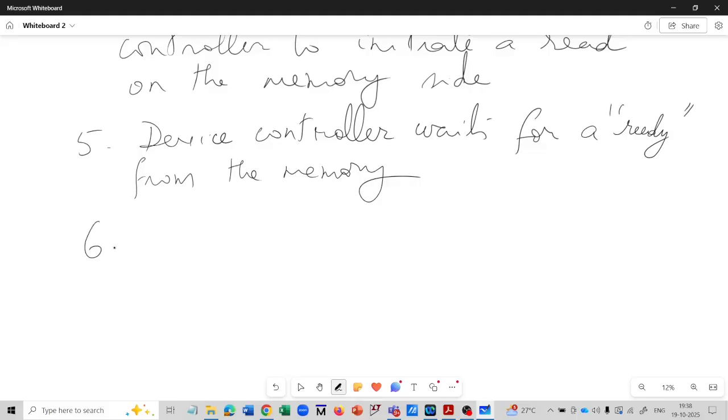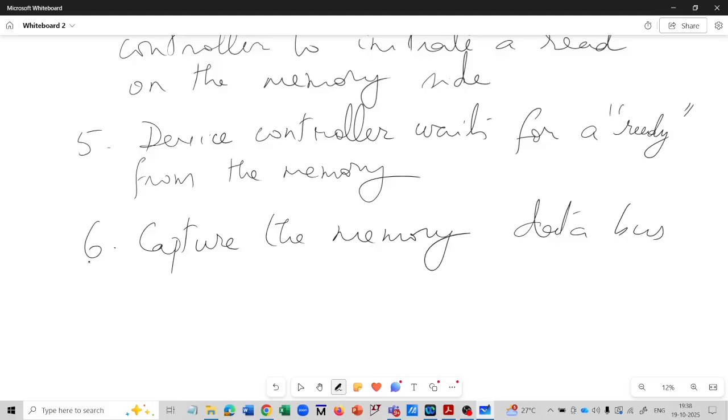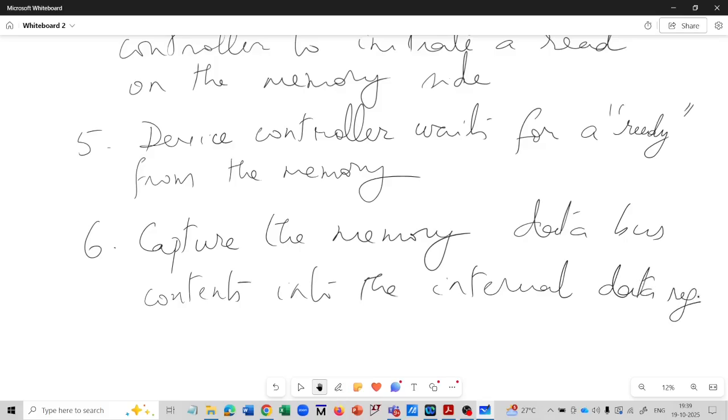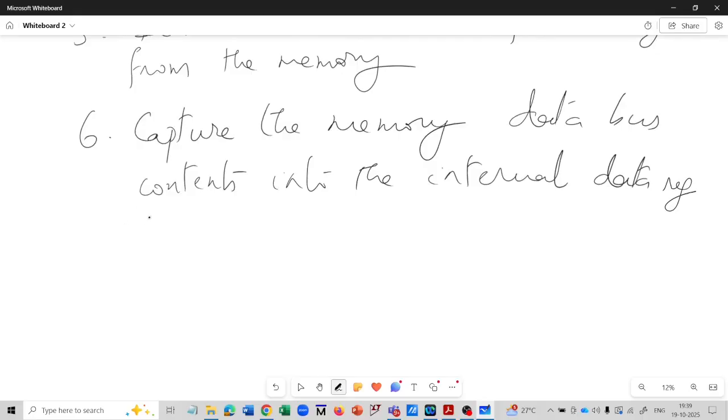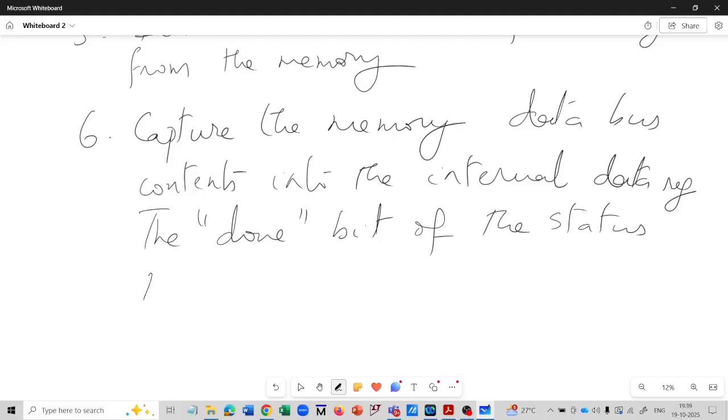The controller will capture the memory data bus contents into the internal data register, and the done bit of the status register is set.